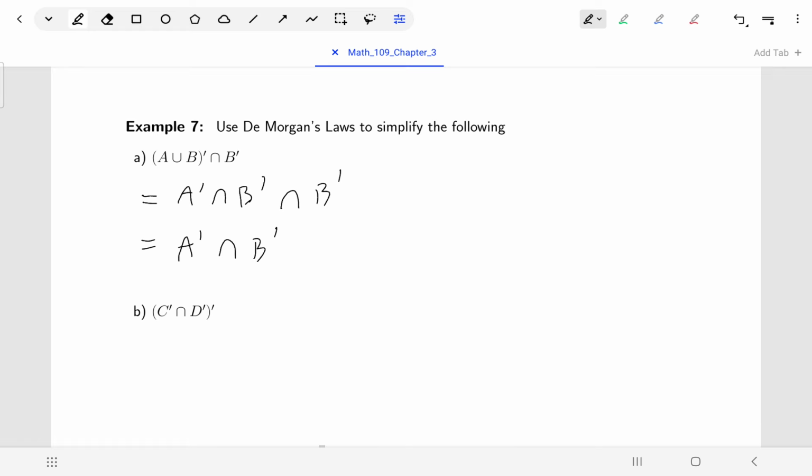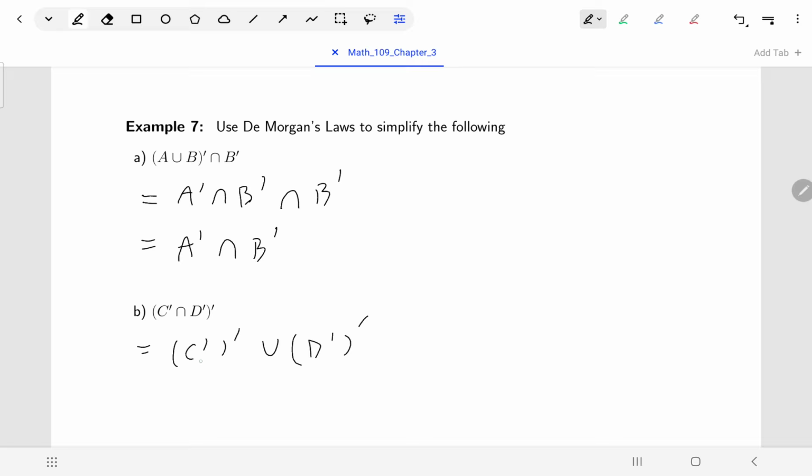For part B, I have C complement intersect D complement whole thing complemented. Looking at that, using De Morgan's law, that would be C complement complemented union D complement complemented. We've said this before.